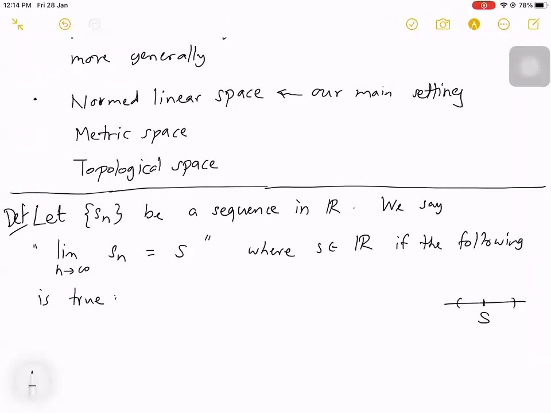So definitions of this type, after having spent a semester, should really just come out without effort. Right? So how do I start? For all epsilon there exists n such that. Okay, good. So this is a question, right? For all n there exists an epsilon, or for all epsilon there exists an n. For all epsilon there exists.